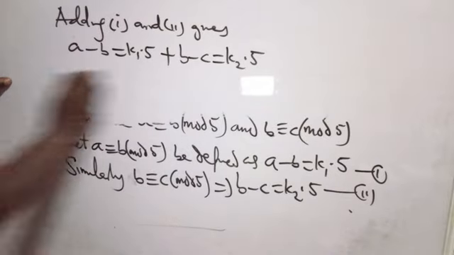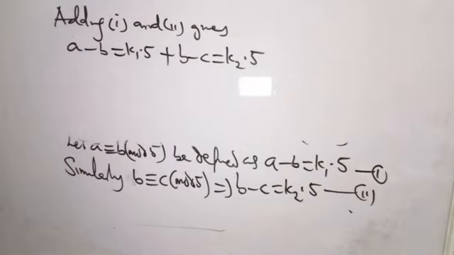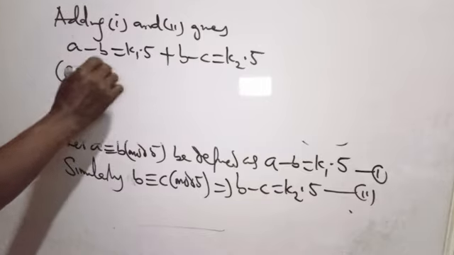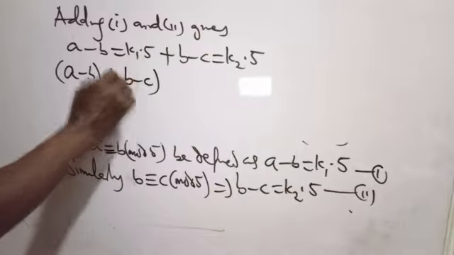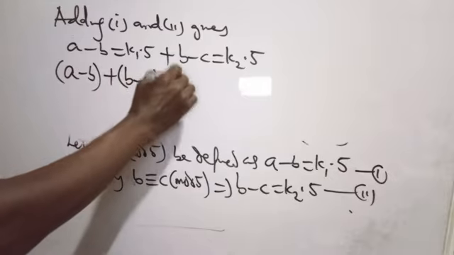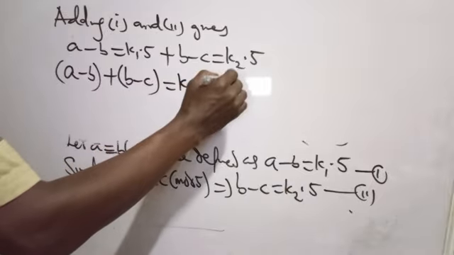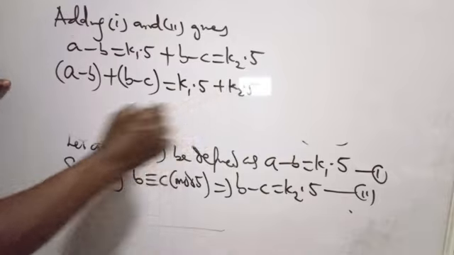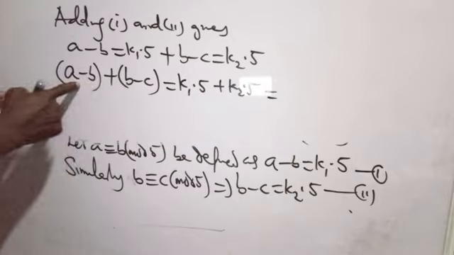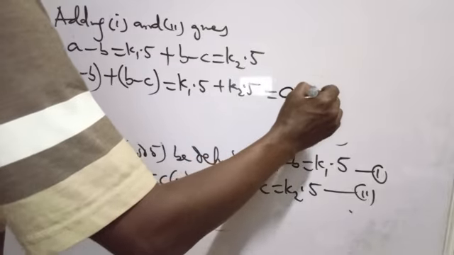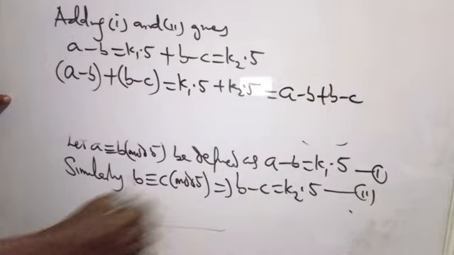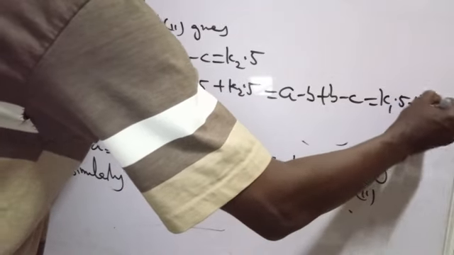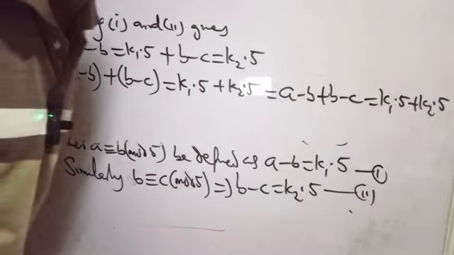The left is A minus B plus B minus C, which equals K1 dot 5 plus K2 dot 5. I hope that is clear.